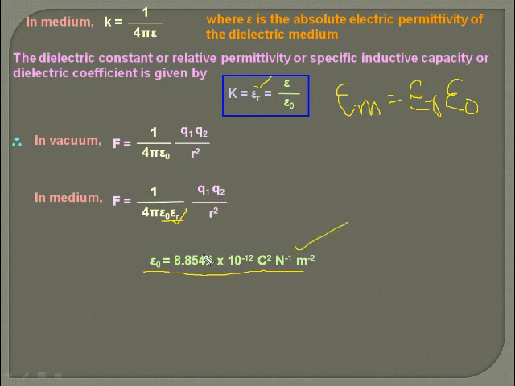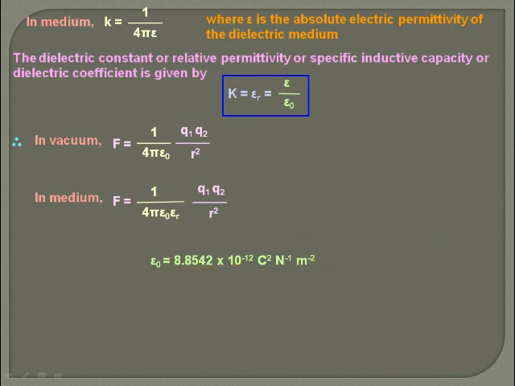So you have to remember the value of permittivity of free space in both magnitude and unit. Okay, you have to remember both the things, because it is severally asked in examination or in other competitive examinations.